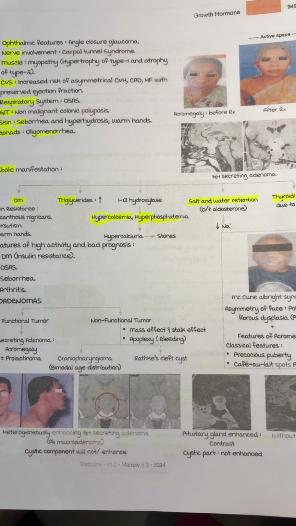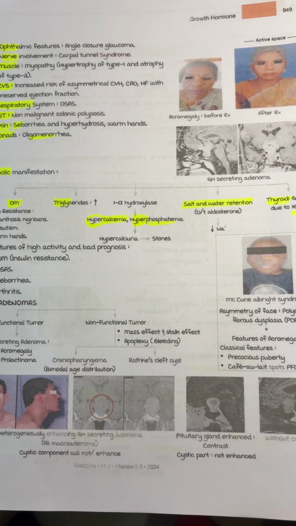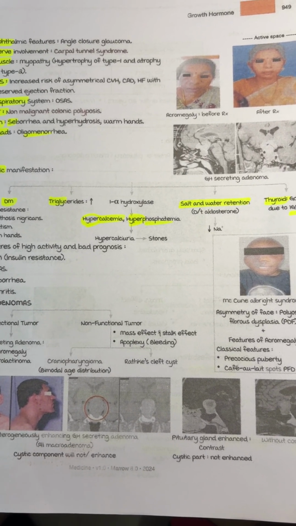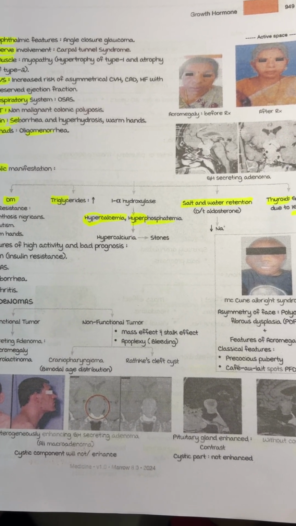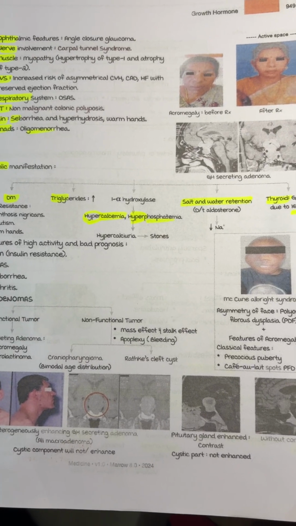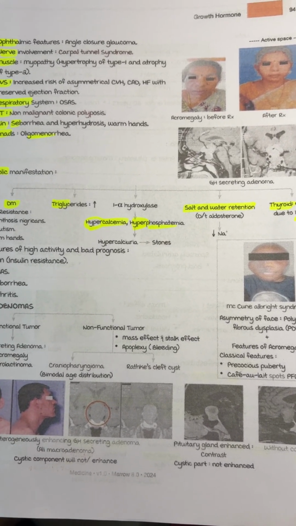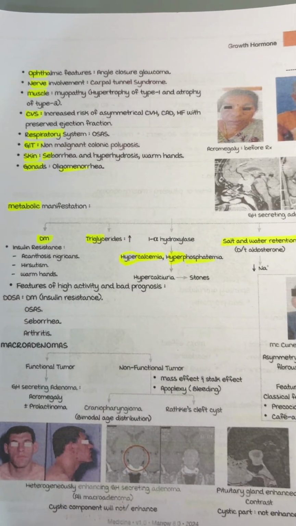In ophthalmology there are increased chances of glaucoma, angle closure glaucoma. In the respiratory system there are increased chances of obstructive sleep apnea. In the GIT there are increased chances of polyp formation. In the skin, seborrhea and hyperhidrosis, like sweaty hands and palms. And of course in the gonads we have oligomenorrhea.